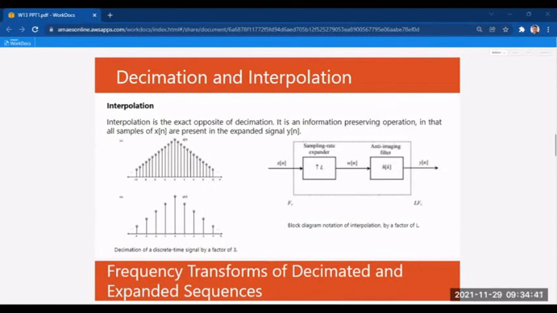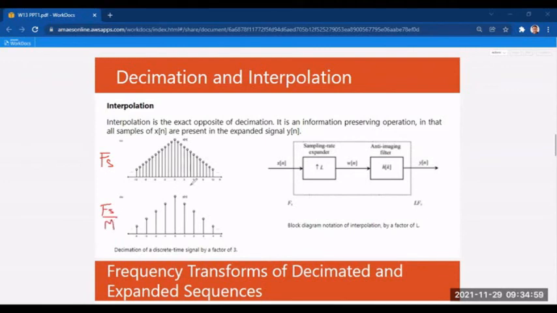If we decimate this signal, or if we subject the signal to decimation, for example, this is our x of n with sampling rate of f of s, then this one will be f of s over M.